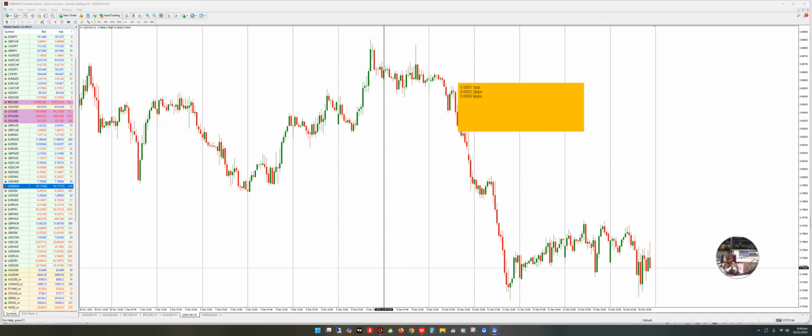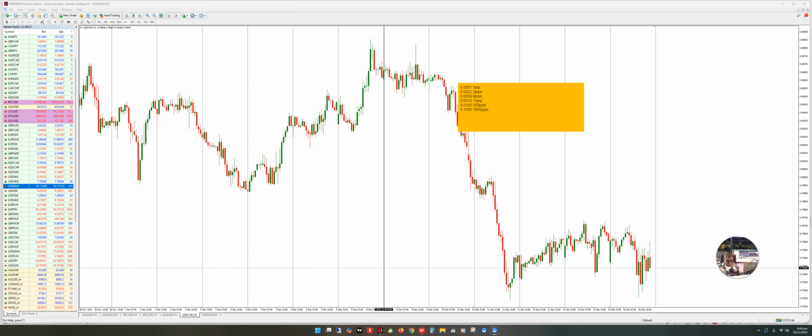Then 0.0010 automatically is 10 pips, just a simple arithmetic progression. This now gives us 100 pips, and last but not least, 0.1 is 1000 pips. Any number after the fourth number is referred to as a pipette.